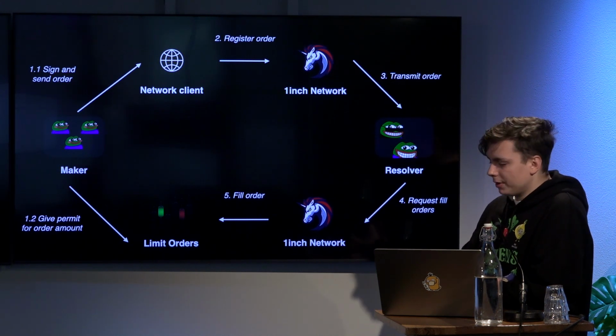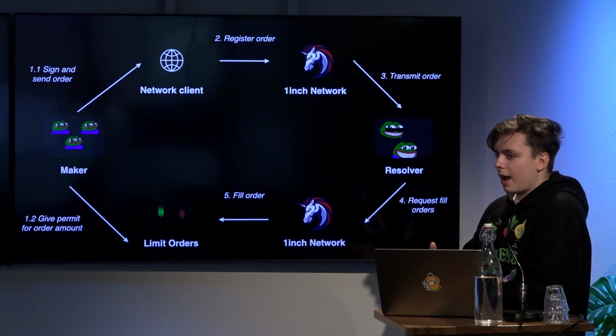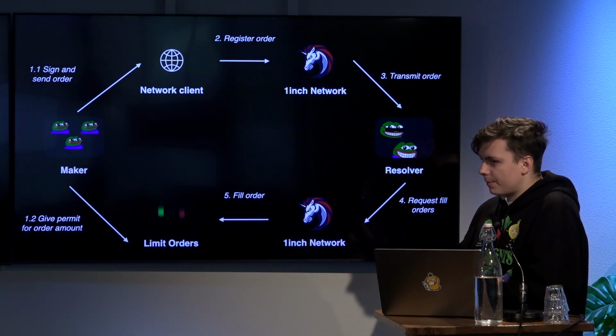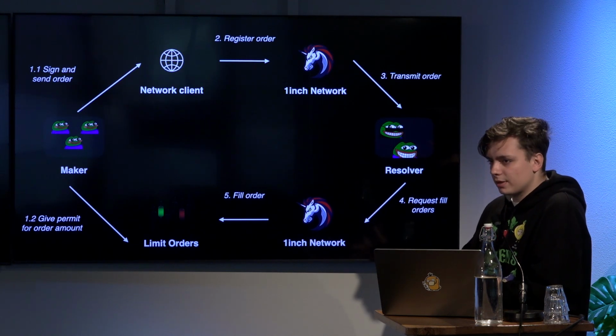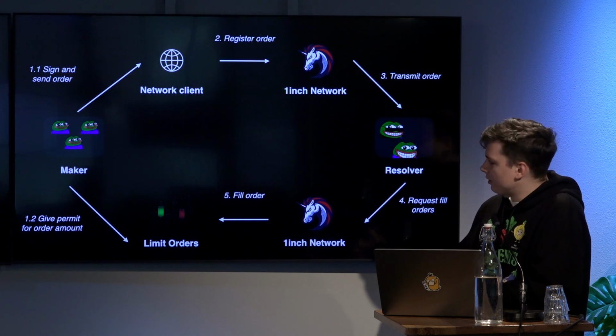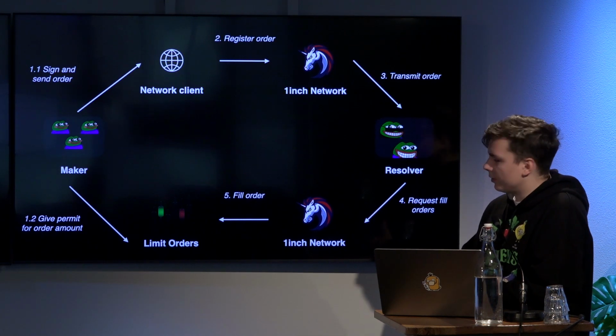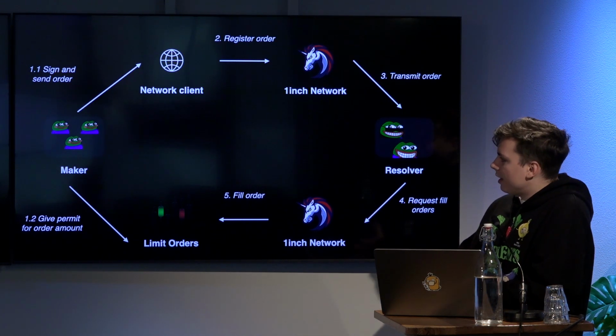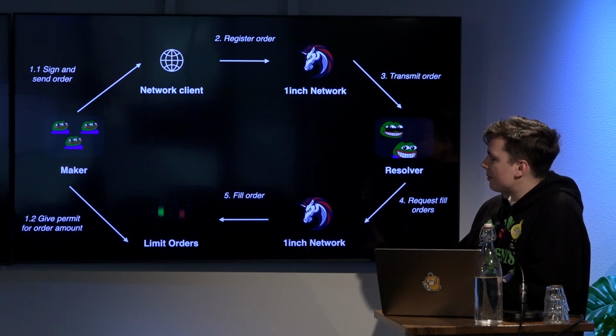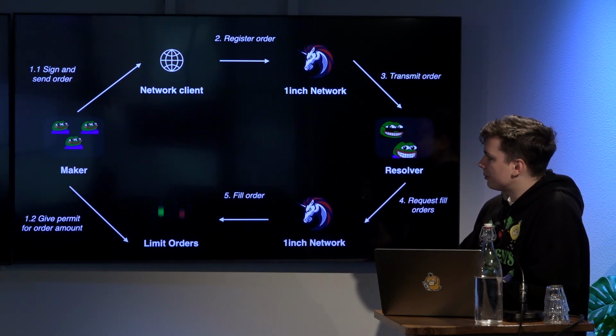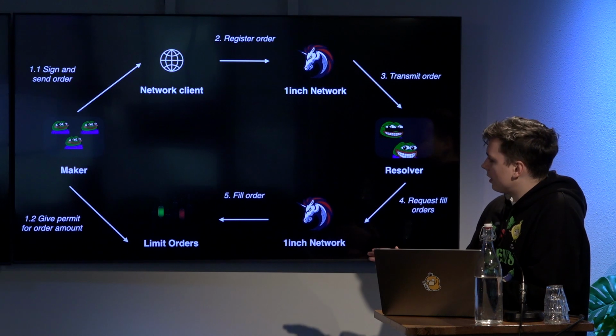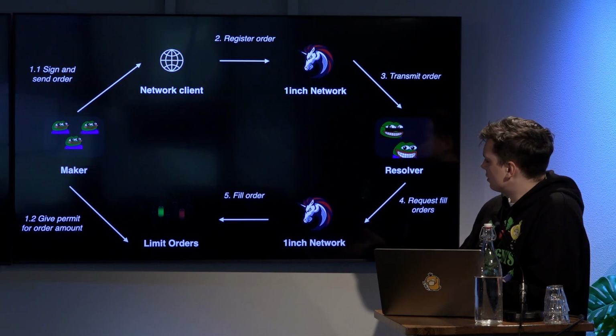To make it possible, you first need to register as a resolver, and after that, you need to ask your users, the stakers of the 1inch token, to delegate some tokens to your party, the resolver. So the top 10 of them can execute all these Fusion orders, and it's quite simple and works almost the same as a limit order. There is a storage database. It's going through, and the database shares all Fusion orders with the resolvers.